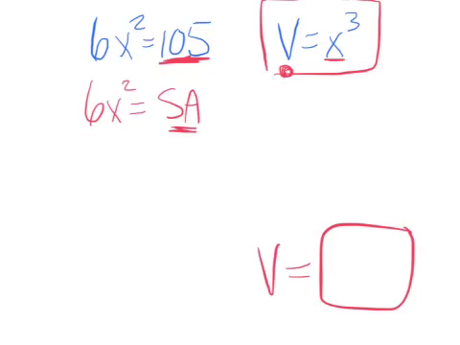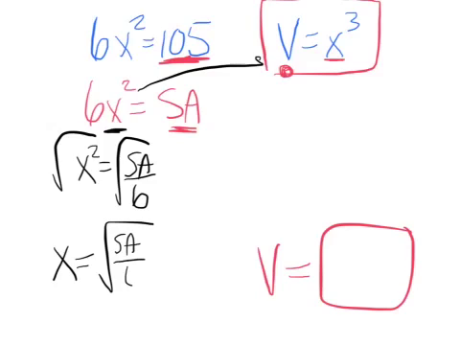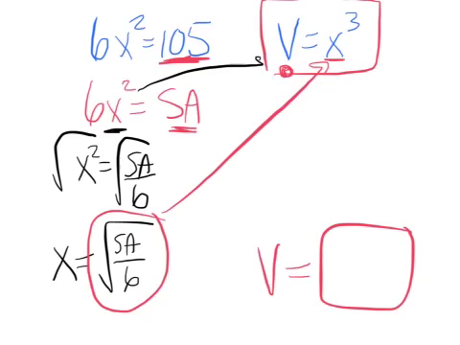The easiest way to do that is to solve our surface area equation for x and plug that into the volume equation. So if we solve this for x, we divide by 6 on both sides. We take surface area divided by 6, and then take the square root. So we know the side length is equal to the square root of the surface area over 6. Take this, which is an x, and plug it in there.